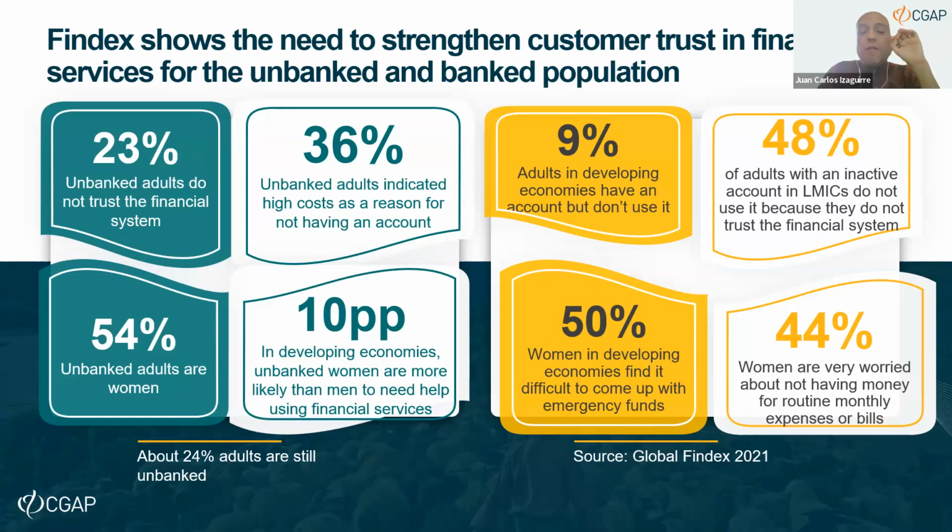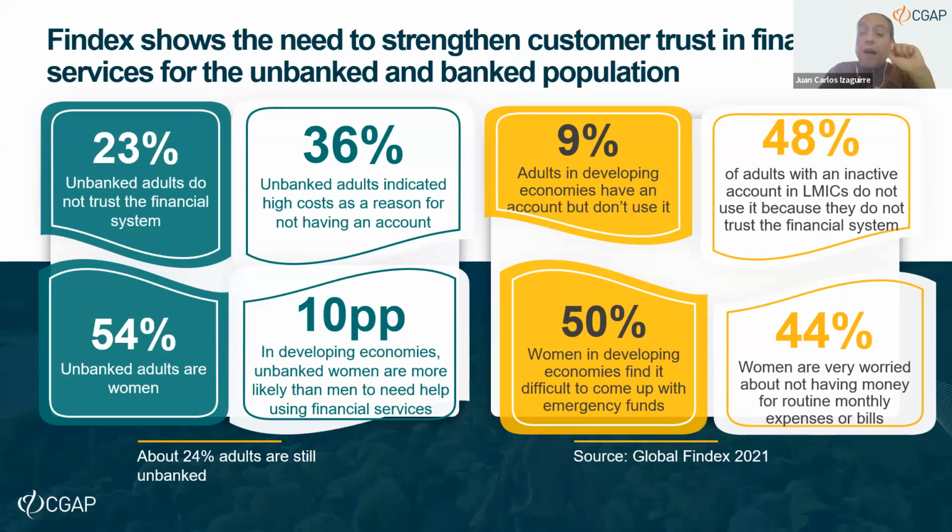Furthermore, Findex provides interesting data on customer outcomes of using financial services. For example, 50% of women in developing economies find it difficult to come up with the funds necessary to cover emergencies. And 44% of women say they are very worried about not having enough money for routine monthly expenses or bills.